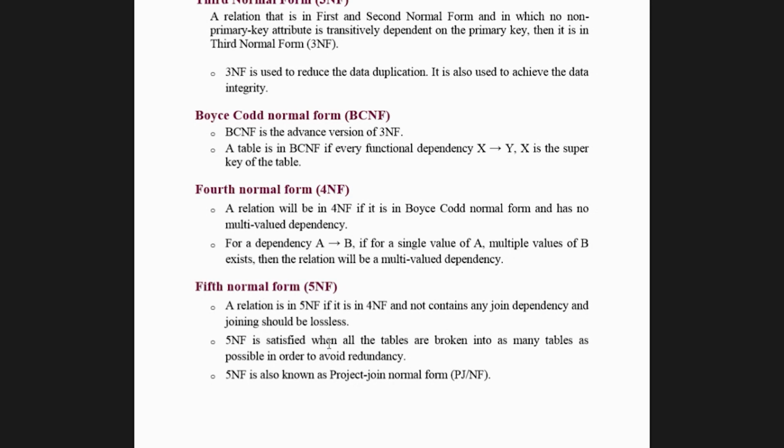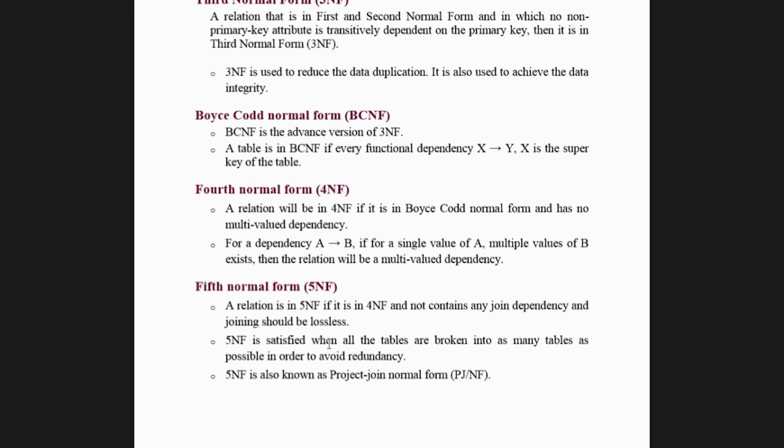All 3 columns are independent of each other, and they can be broken down into as many tables as possible to avoid redundancy, then that table will be in the 5NF form. It does not contain any join dependency.